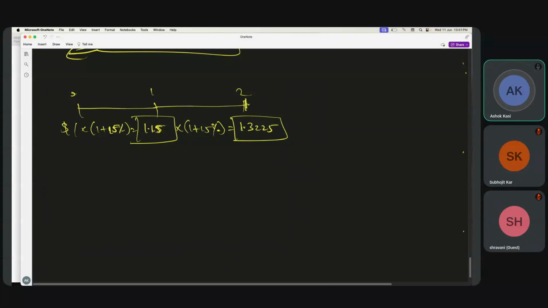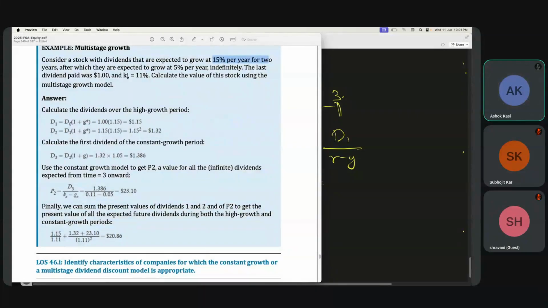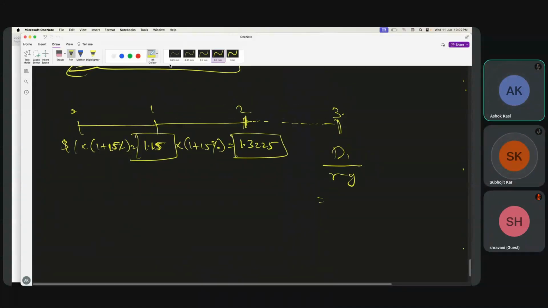So this will be my D1 divided by R minus G. It is growing at the constant rate of 5 percentage.